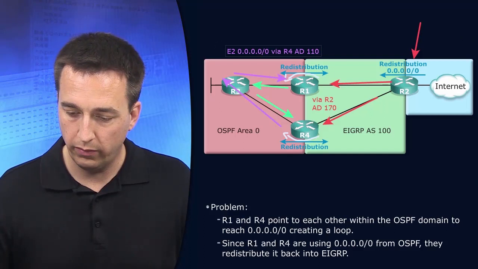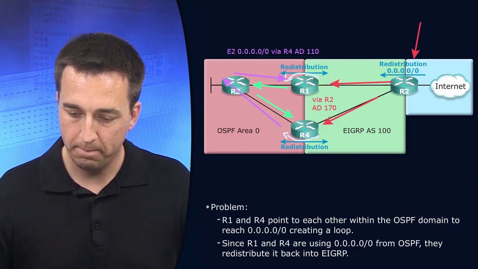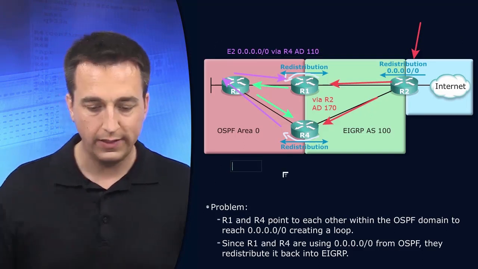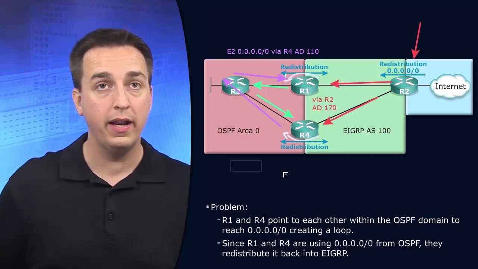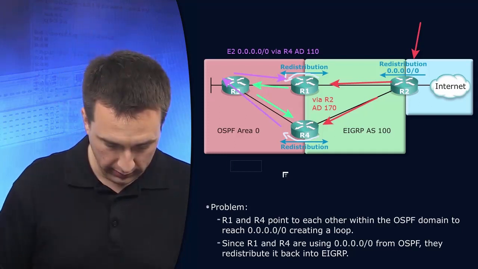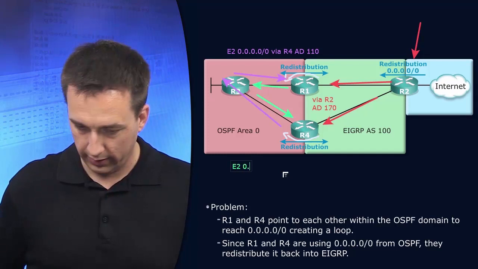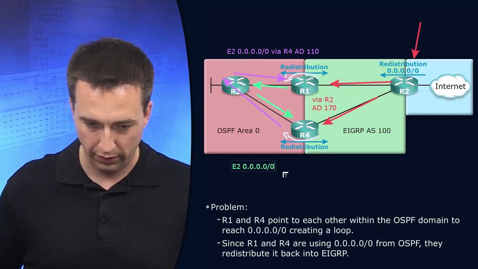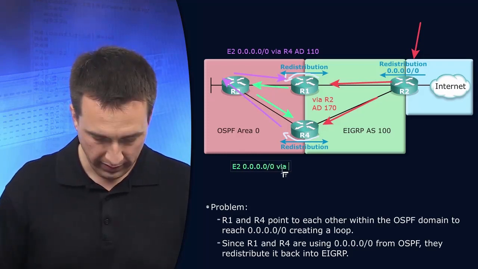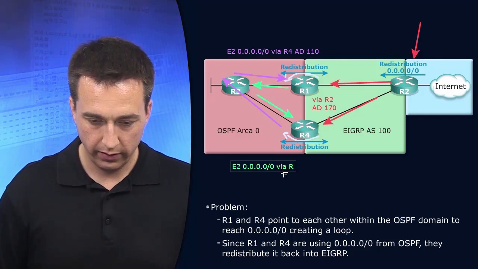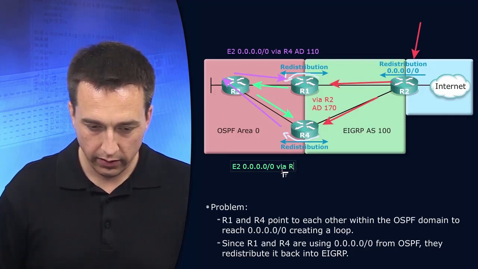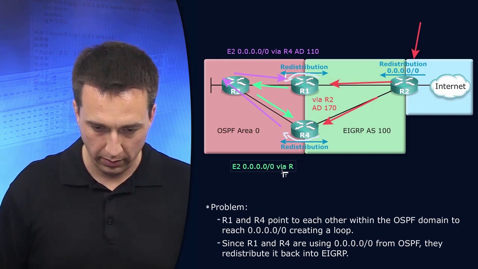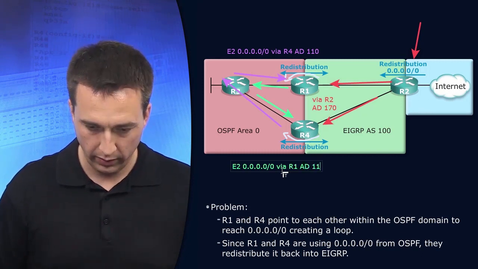When we look at the LSAs that are coming from R1 and ending up at R2 and R4, we're going to see that they're E2s, 0.0.0.0/0 via R4, R1, with an AD of 110.